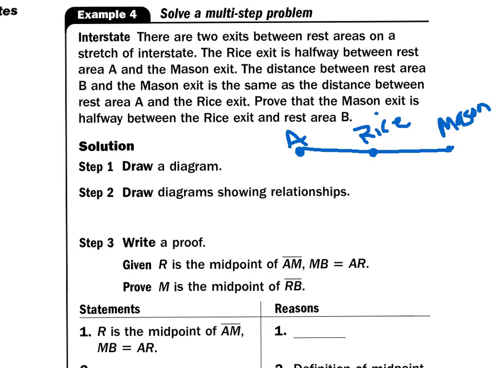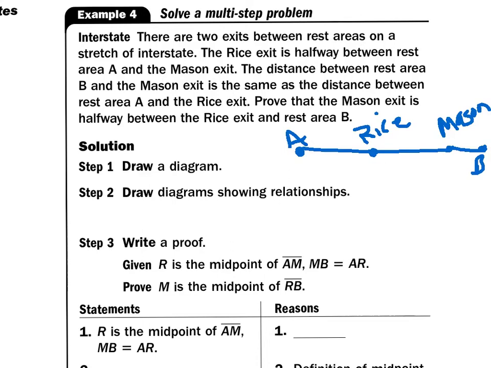The distance between rest area B and the Mason exit is the same as the distance between rest area A and the Rice segment. So I'm kind of squishing this a little bit. Let's pretend that's the same measure and say B here.